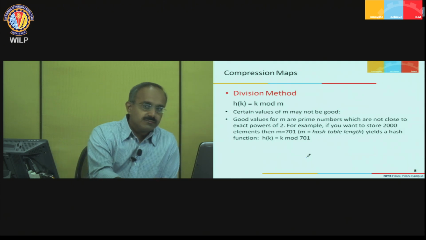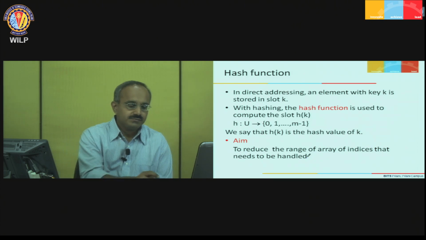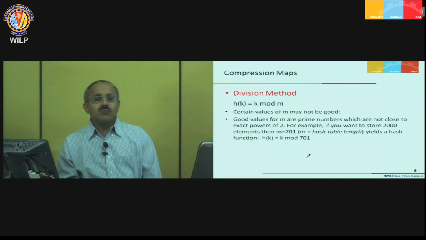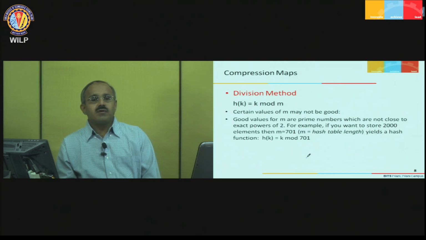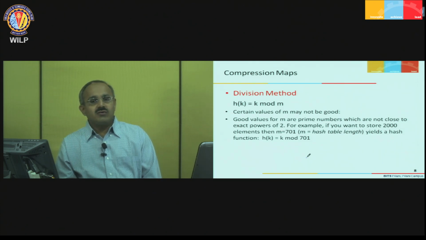Now, for any hash function that you are going to deal with, certain values of m are going to be good and certain values of m are not going to be so good. Usually m a prime which is not near to any power of 2 is a good choice.